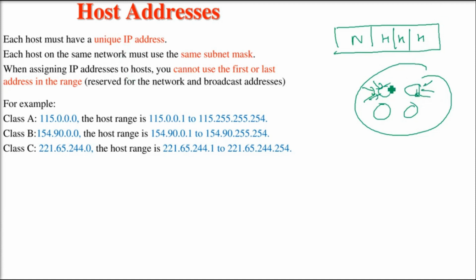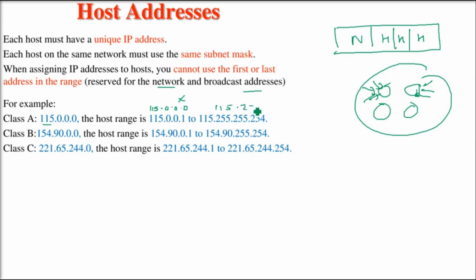When we are assigning IP addresses to hosts, we cannot assign the first and last address in the range. As I said, the first one is the whole network number, and the last one is the broadcast address. For example, 115.0.0.0 is a class A address. The range available to you starts at 115.0.0.1, because the number I wrote is a network number.